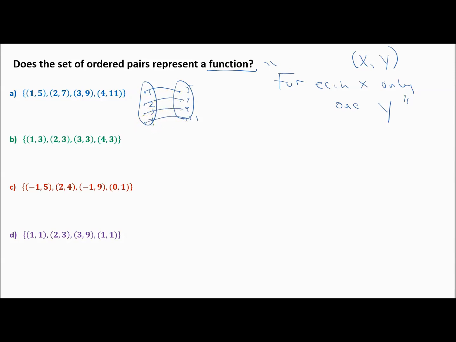Now, you certainly don't have to draw it that way. The things I'm going to ask is what is the domain and what is the range? The domain is your X's, your input: 1, 2, 3, 4. The range is your Y values, the output: 5, 7, 9, 11. And most important, is this a function? Yes, it is. Because for each X value, there's only one Y value.